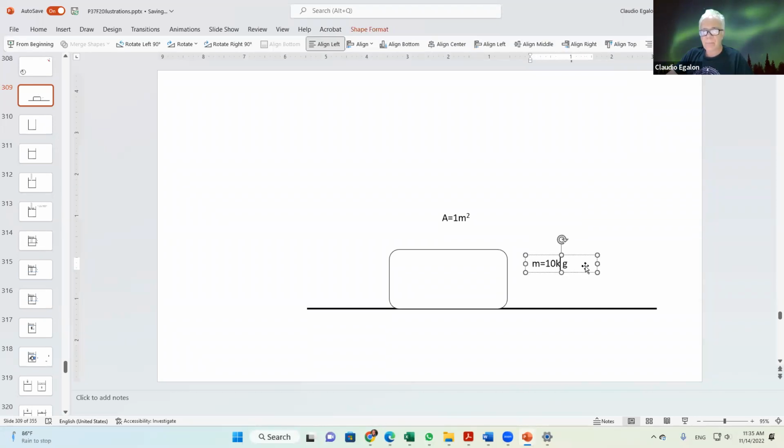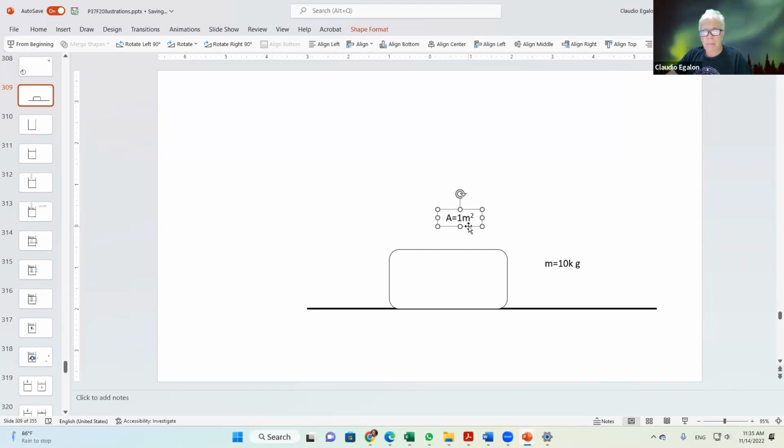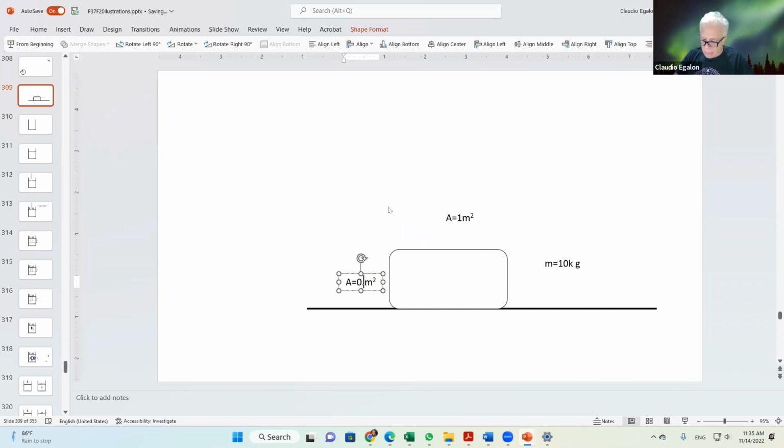Okay. Let's say here is the surface area, here is 1 square meter. And the surface area on this side, because it's smaller, is going to be just half a square meter, right? Can you picture that?